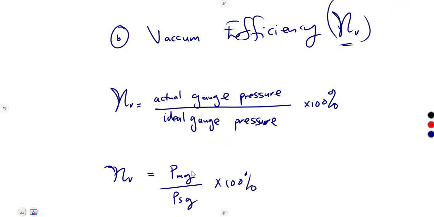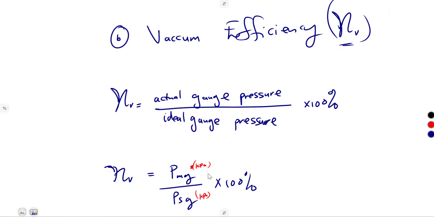The actual gauge pressure is the gauge pressure inside the condenser, guys, the one that you calculated before. When it is pressure like this, the units will be kilopascals.